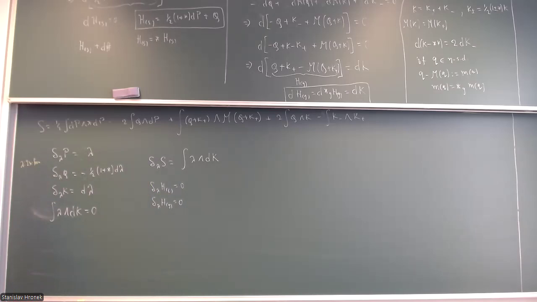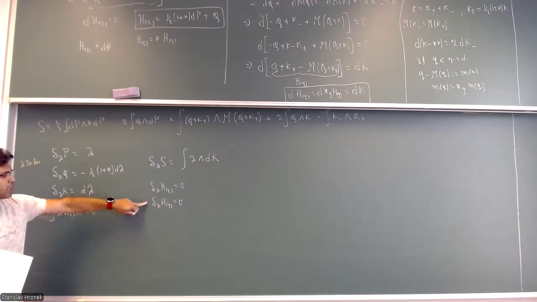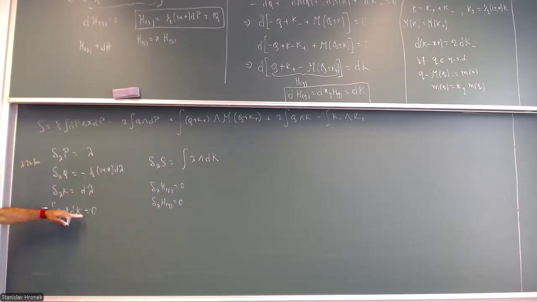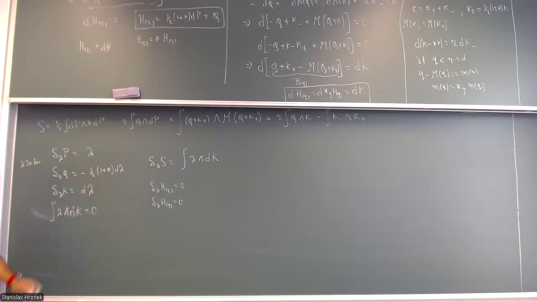But that was before you imposed this last condition, at least for the first one. These two are kind of insensitive to this condition. But the total action would require you to, of course, impose this. So if you want these transformations to be a gauge transformation, then you have to.